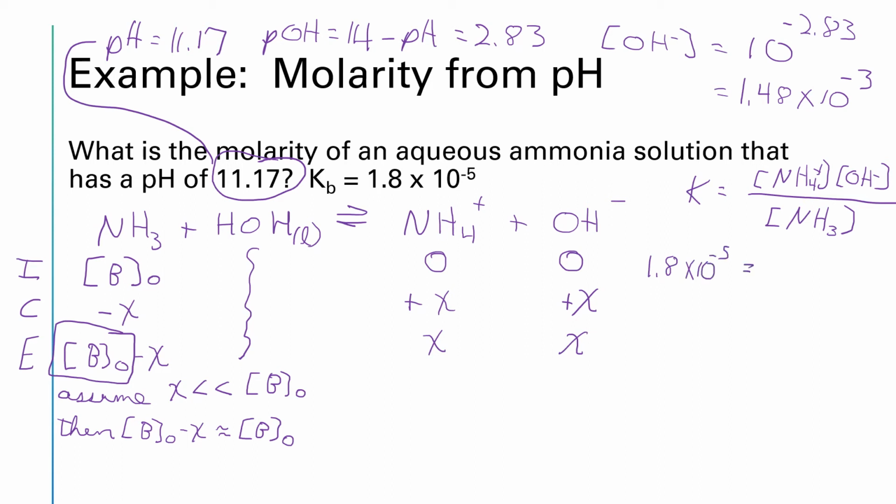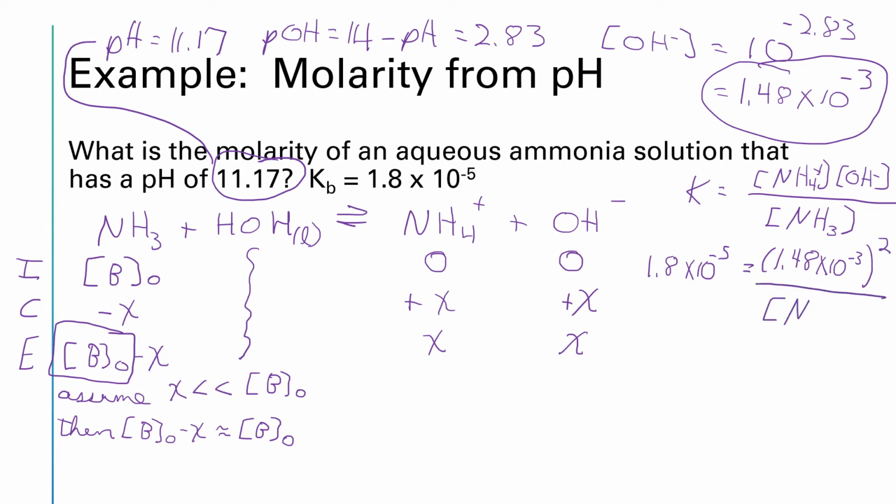The ammonium ion and hydroxide ion are both X, but we also found that that was equal to 1.48 times 10 to the minus 3. So I'll plug that in on the top, 1.48 times 10 to the minus 3, and that'll be squared because it's the same thing for both ammonium and hydroxide. And then all of that will be divided by our initial base concentration.